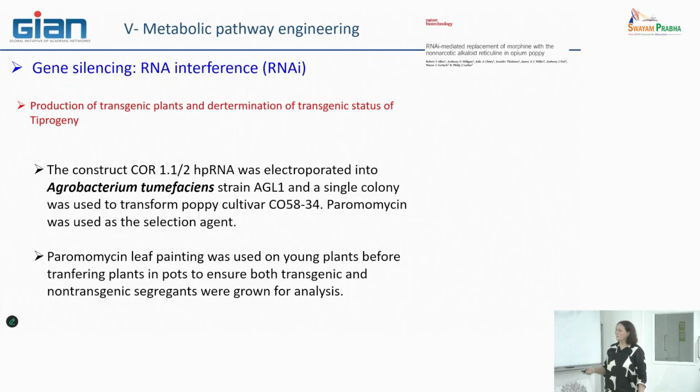After that, they make the transformation of the plant in order to have some candidates. Yes, paromomycin is a selection gene encoding resistance to this antibiotic, in order to screen all the plants produced and select those that are resistant to this particular antibiotic, okay?